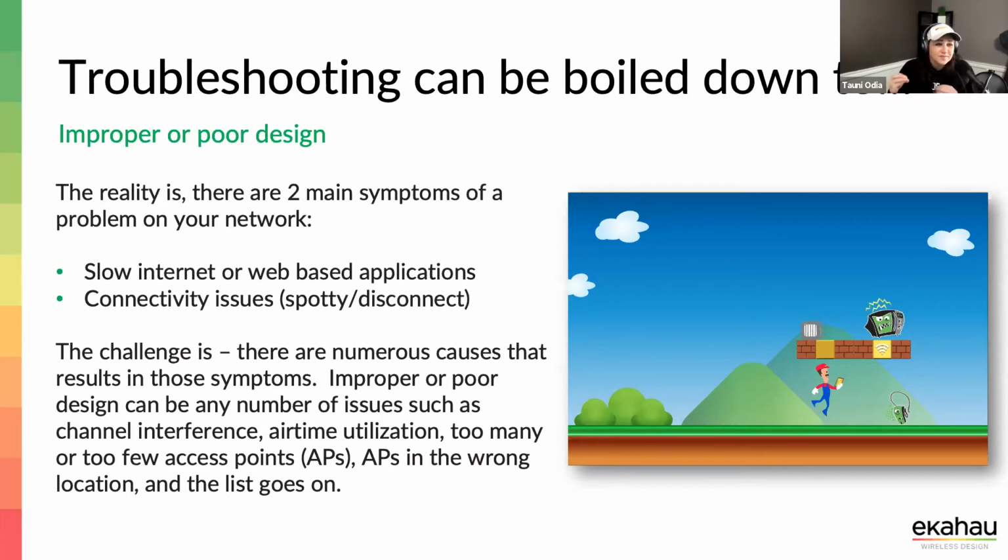While the symptoms realistically are very small in number, the cause could be a dozen of anything. It could be interference, it could be DNS, it could be DHCP. There could be so many issues that cause those two symptoms, right? And to your point, I think that's why it can be overwhelming. So understanding and knowing where to start is a huge thing.